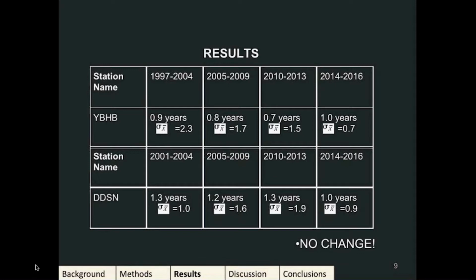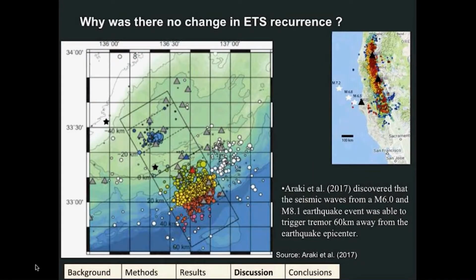And that was pretty surprising for me because in the Iraqi paper, we saw that there was some sort of interaction between ETS and normal earthquakes in Japan. So I expected to see something change here. Okay. So why was there no change in ETS recurrence?